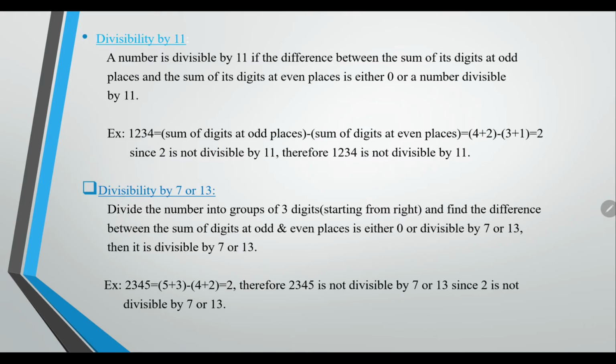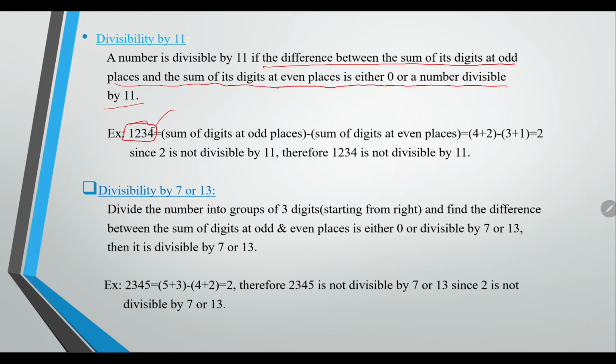And now, let's discuss the divisibility rule of 11. A number is divisible by 11 if the difference between the sum of its digits at odd places and the sum of its digits at even places is either 0 or a number divisible by 11. For example, in the number 1234, we have to start placing the digits from the right side.